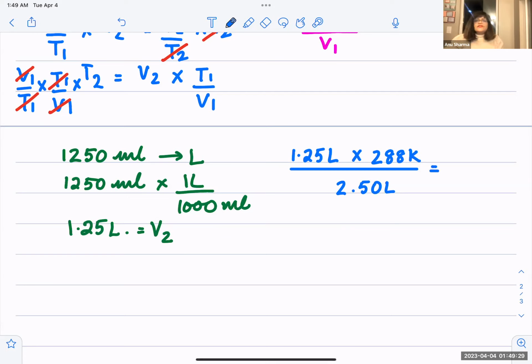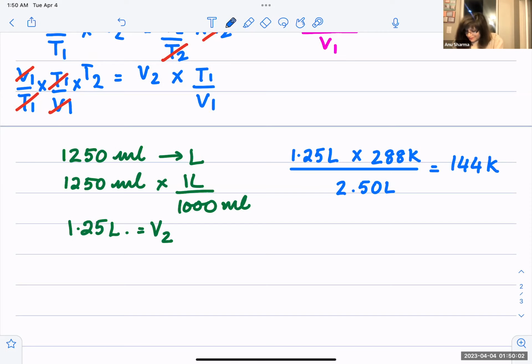So this is going to give you the answer in Kelvin, but the question is asking you to convert it into Celsius. The answer T2 should be in Celsius. So anyways, let's do this. 1.25 times 288, divide that by 2.50, and you get the answer 144, and that is in Kelvin.